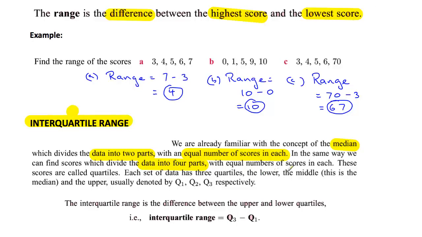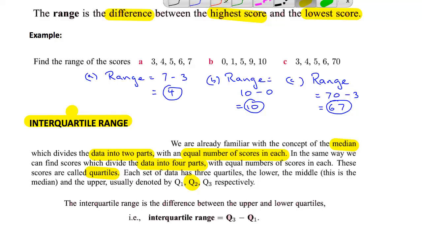And these scores are called quartiles. Now the quartiles are the scores that actually divide the numbers into 4. Just like the median is a number that separates numbers in the data into 2 parts, quartiles are the numbers that divide it into 4, which means there are only 3 quartiles, and the middle one, Q2, quartile 2, actually is the median.